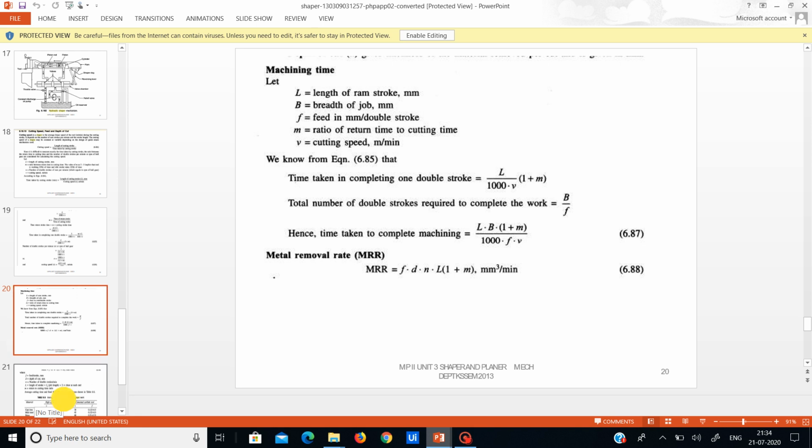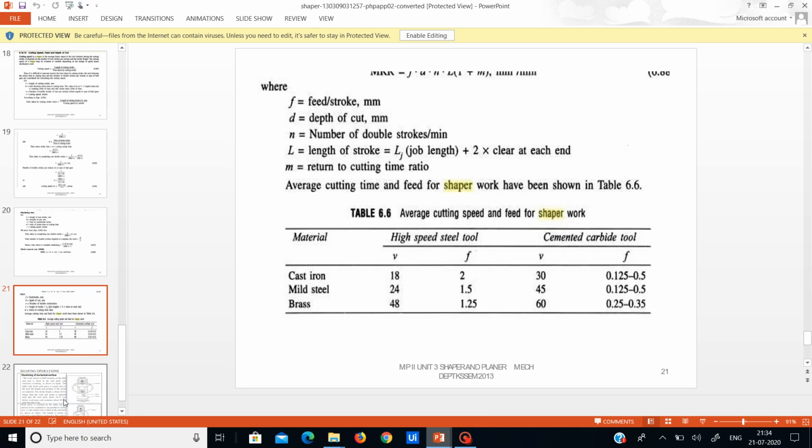Okay, after that, to find the MRR, as I have told you, F means feed, D means depth, N means the number of double strokes, L means the length of the stroke, and M means nothing but the return to cutting time ratio.